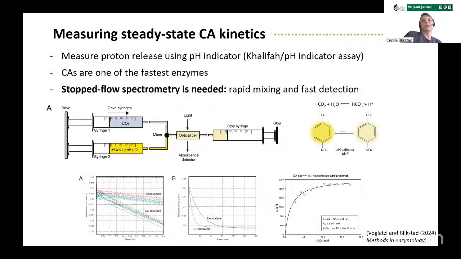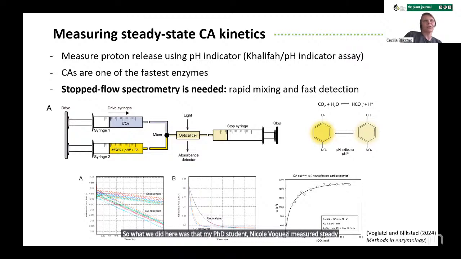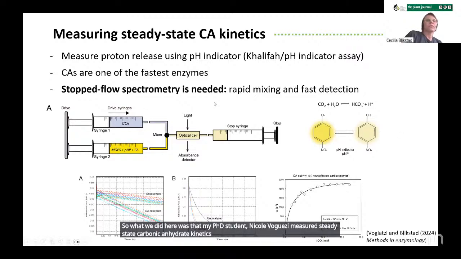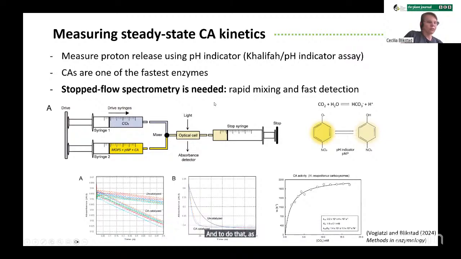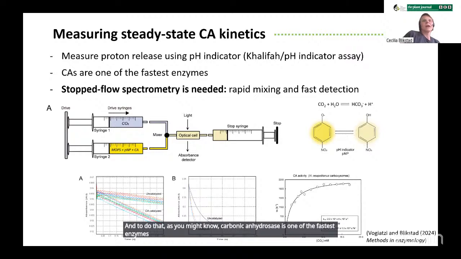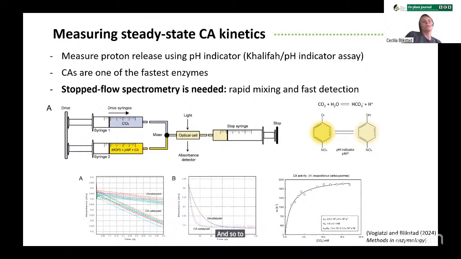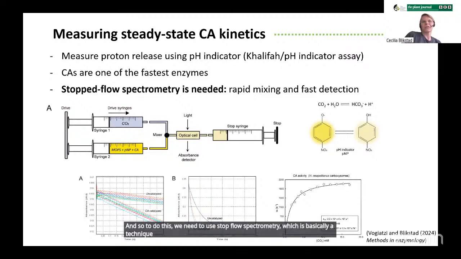So what we did here was that my PhD student, Nicole Vogiazzi, measured steady state carbonic anhydrase kinetics. As you might know, carbonic anhydrases are some of the fastest enzymes. To do this, we need to use stopped-flow spectrometry, which is a technique which mixes liquids very rapidly, and then you measure kinetics.